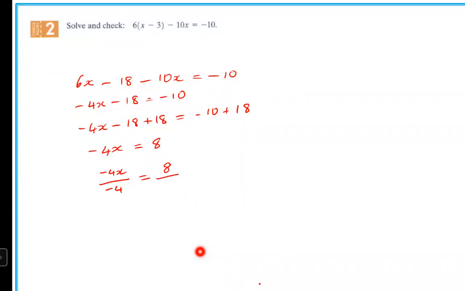The same thing you have here, you have to do the same thing on the other side. Oh, so that'll be, okay, so -4.